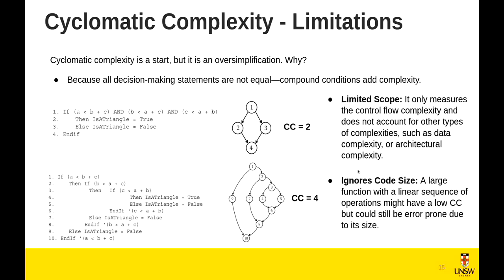So a large function with a very long linear sequence of program statements will have a very low value of cyclomatic complexity. But even for a procedural or sequential program, if we write a huge number of lines of code, we could still have many errors, even if it doesn't have any branches.